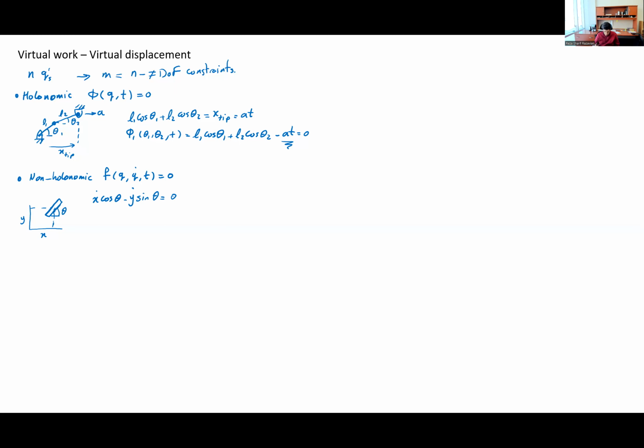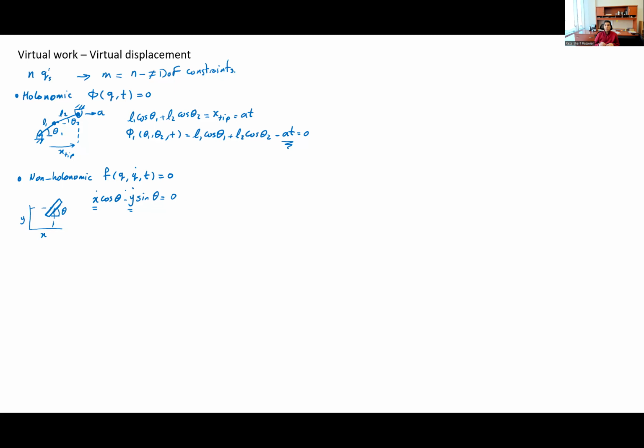Something to note here is that this constraint cannot be reduced to a position level constraint, because if you want to take an integral of this and get a position level, it depends on what value of theta is, which is essentially up to you to decide, and it is completely independent of x dot and y dot.